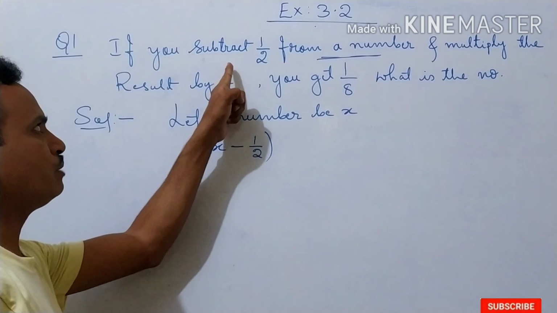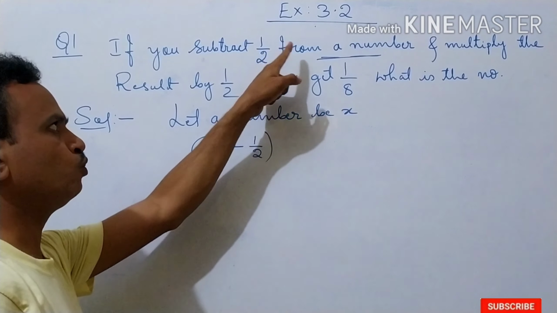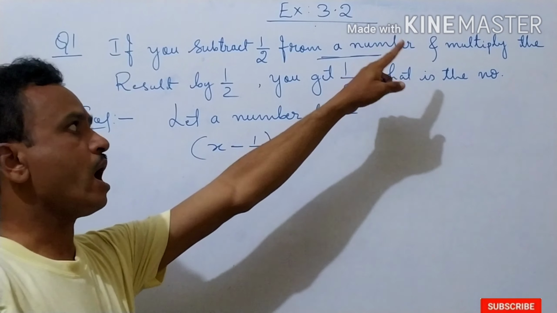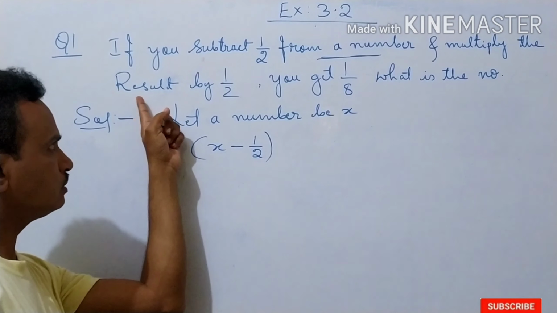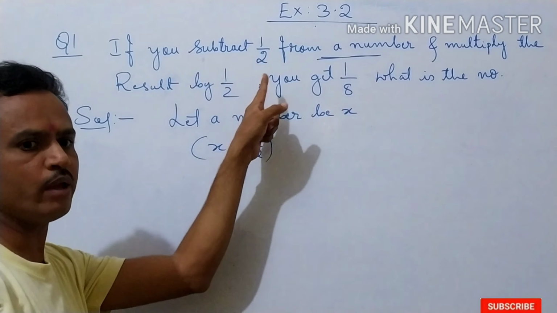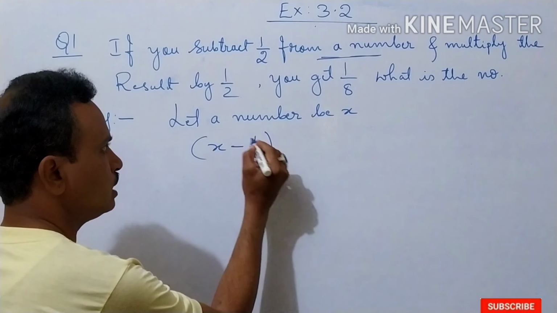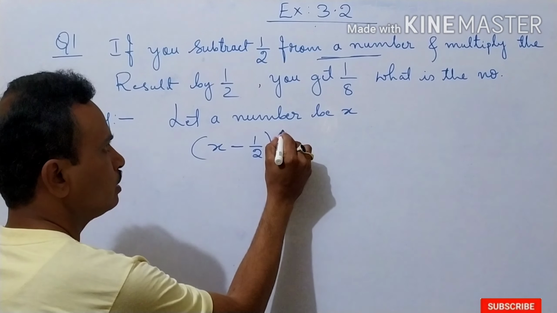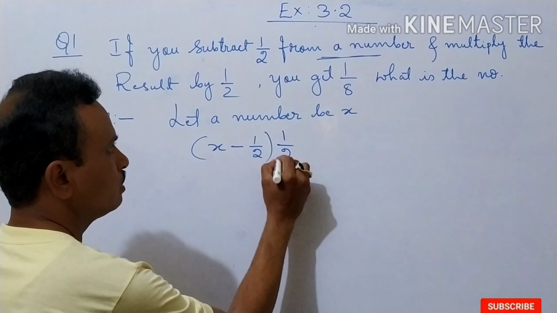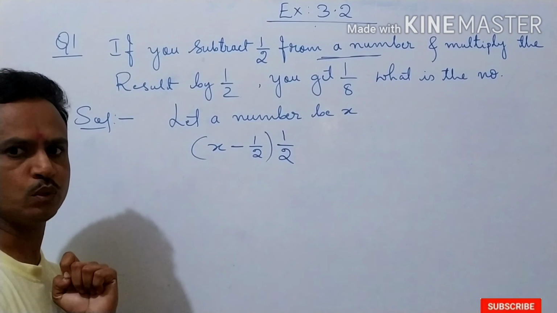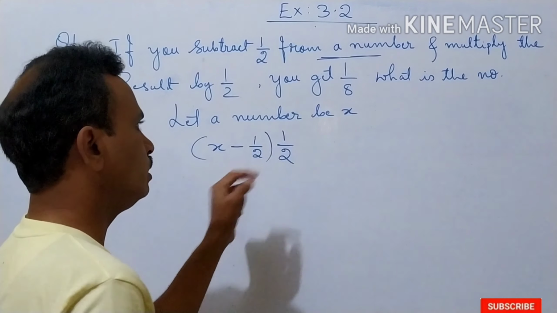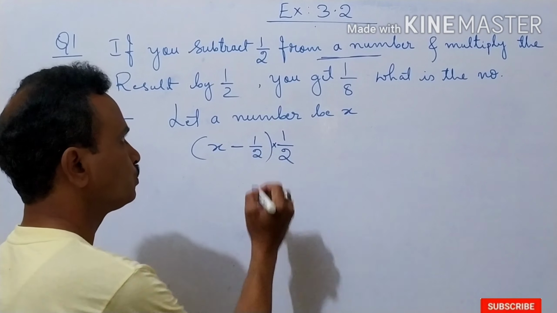If you subtract 1 by 2 from a number and multiply the result by 1 by 2, so this result is there and multiply the result by 1 by 2, into 1 by 2.